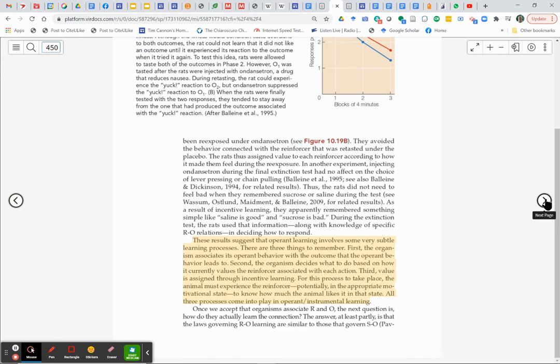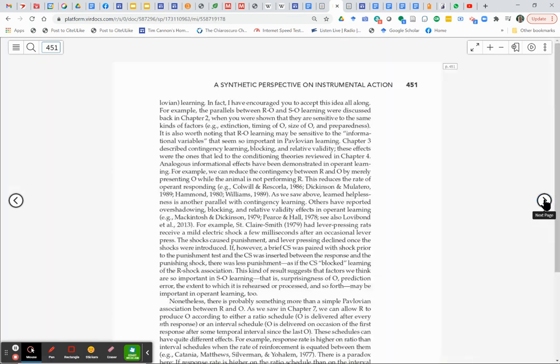And third, value is assigned through incentive learning. For this process to take place, the animal must experience the reinforcer, potentially in the appropriate motivational state, to know how much the animal likes it in that state. All three processes come into play in operant and instrumental conditioning. This is really everything.